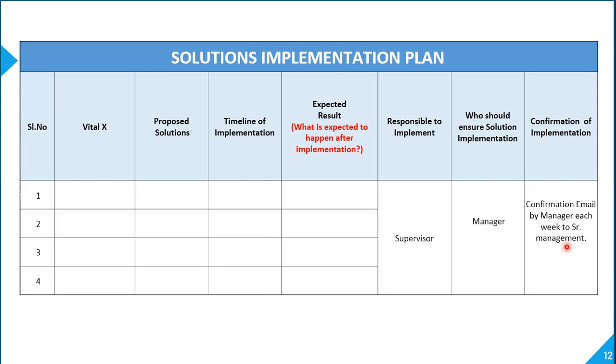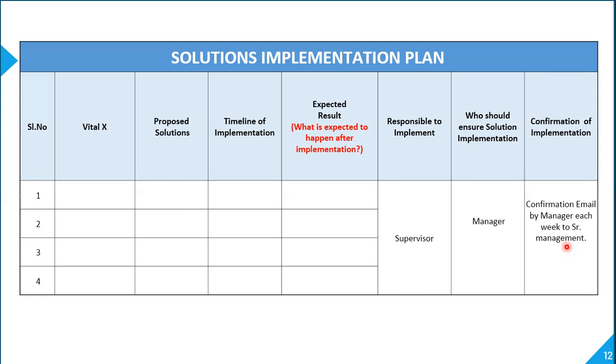Why is the solution implementation plan so important? We can find out a prioritized problem in the define phase. We can also find out critical causes and statistically significant causes in the measure and analyze phases. And of course, we can find out probable or potential solutions in the improve phase.